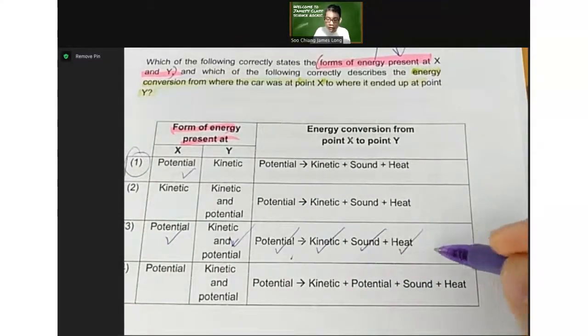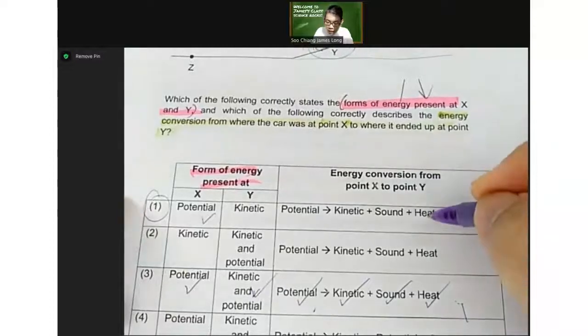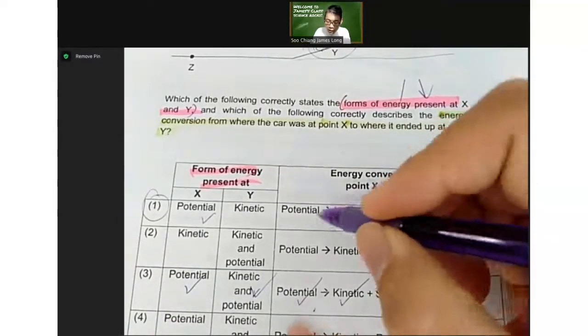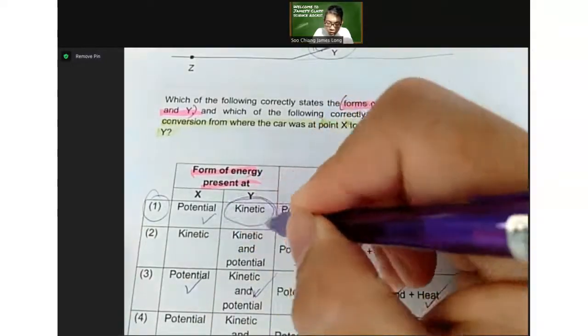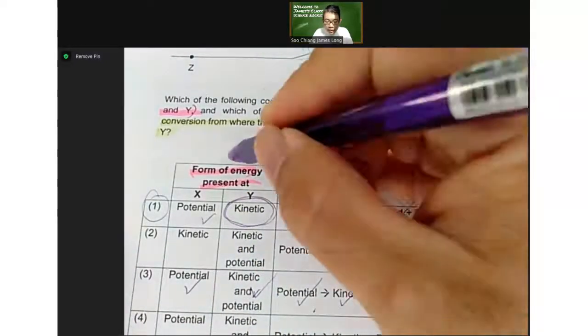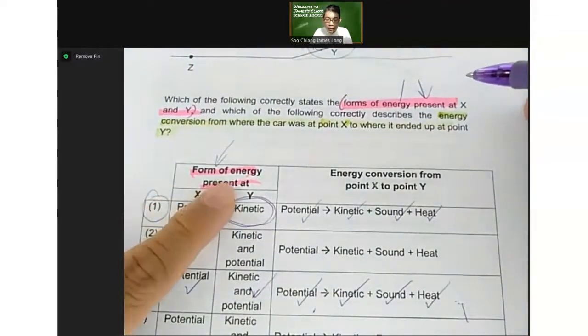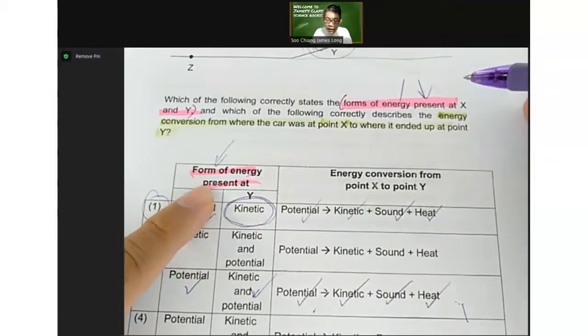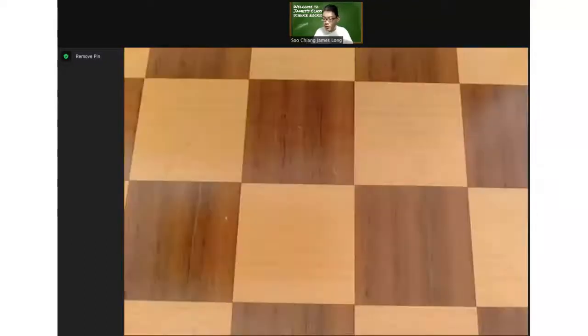This will be energy conversion. So you notice that for answer 1 and 3 is very similar, heat, sound, kinetic, and potential. The thing that got you wrong is that you didn't understand the demand of the question. So please understand this is about form of energy, it is not about energy conversion. Okay? Now let's take a look at the next question.